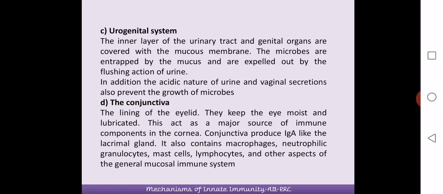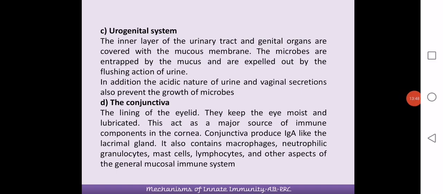There is secretion of substances like IgA and other immunological molecules, and these contain cells like macrophages and other cells involved in immune response. So the conjunctiva also has a mucus layer, and moreover it has associated cells. That means the MALT, the associated cells, are also there.